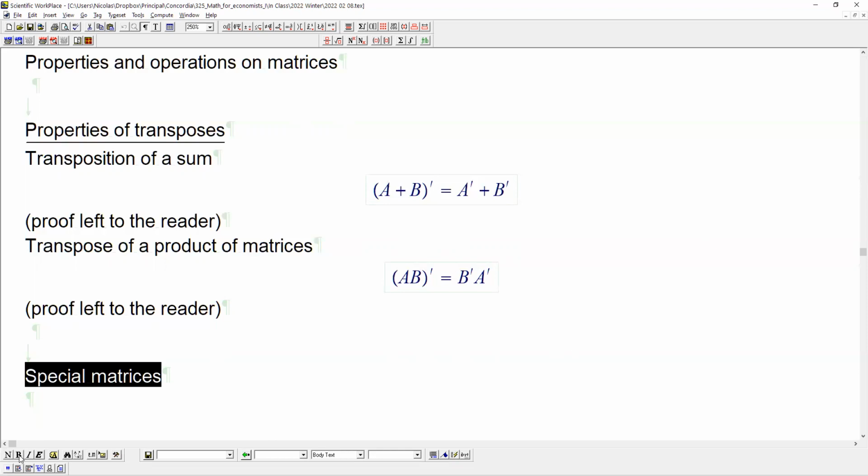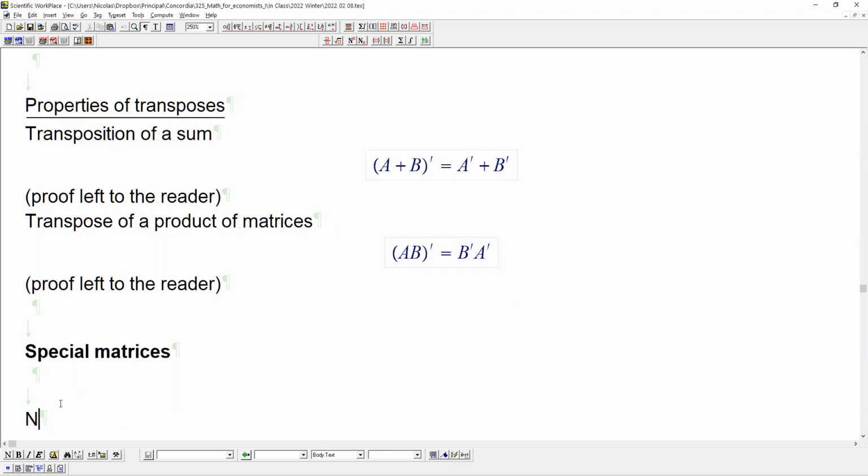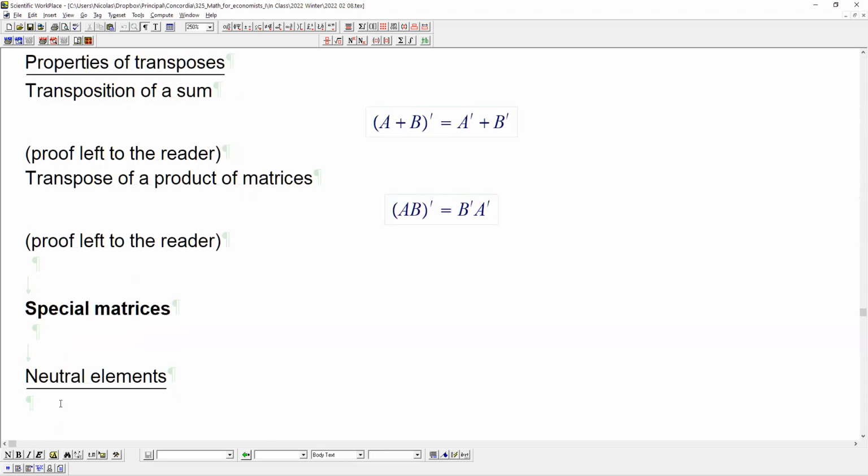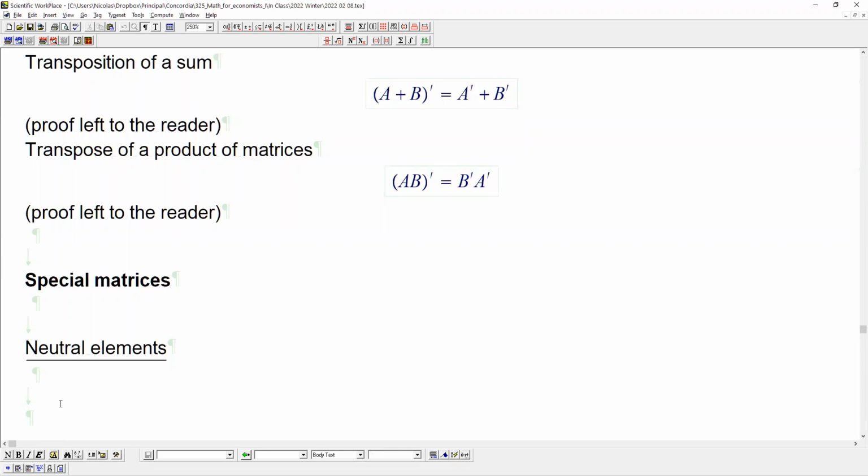Of course, like anywhere, some elements are more interesting than others. So let's go with neutral elements. The zero matrix, as the name suggests, is a matrix filled with zero. We say it's the neutral element of addition.